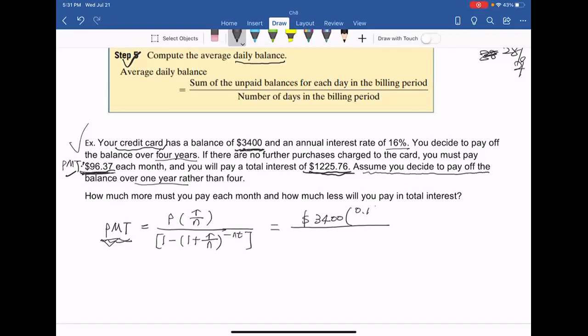That is 0.16 over the N is 12 because you pay bi-monthly. That means 12 times a year. N is 12. And the denominator is 1 minus 1 plus R is 0.16 over 12 to the negative N is 12. T is a year. So we use the calculator to find this amount.